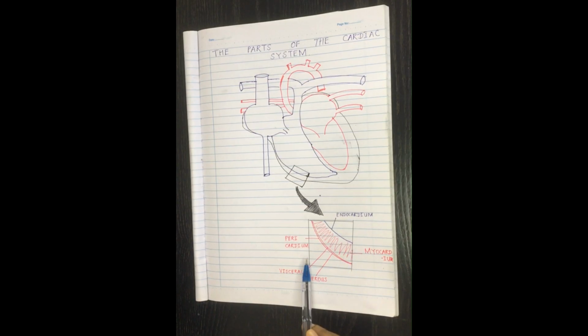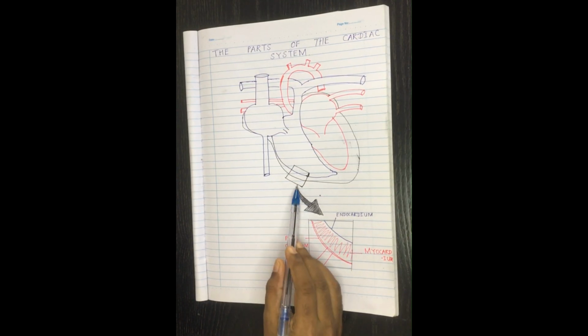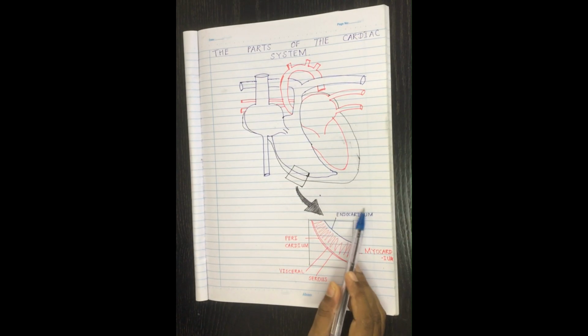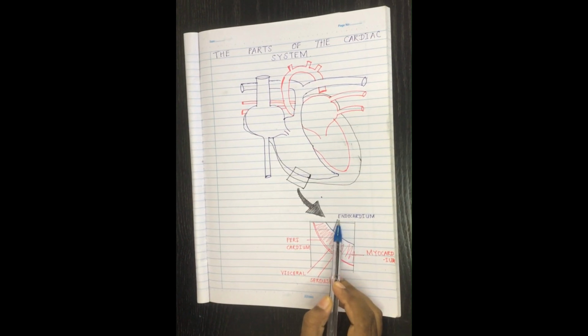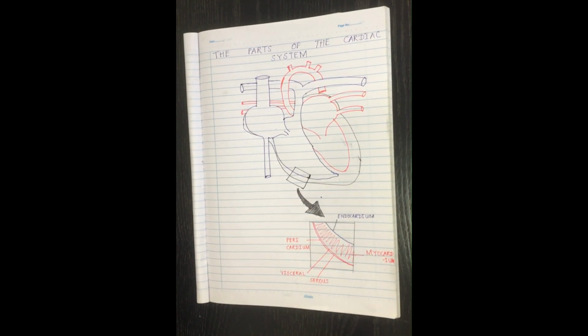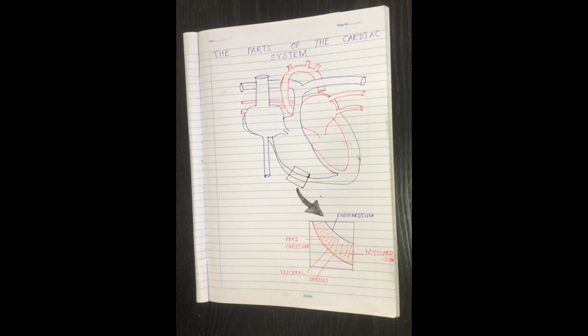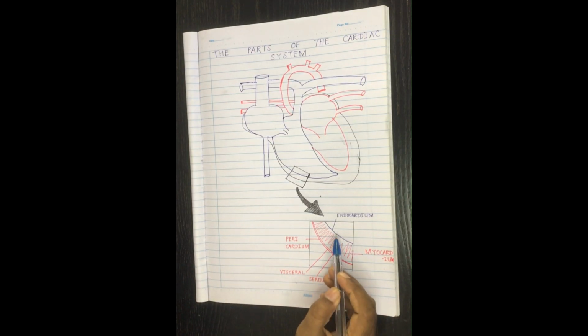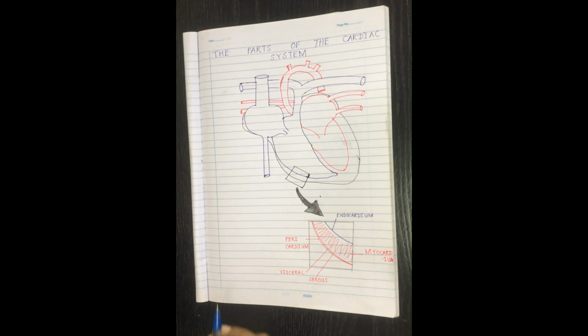Here you can see the endocardium. Endocardium is the inner layer. We are going from inside to the outside. So endocardium is the inner layer, and the outer layer of this heart is the pericardium.